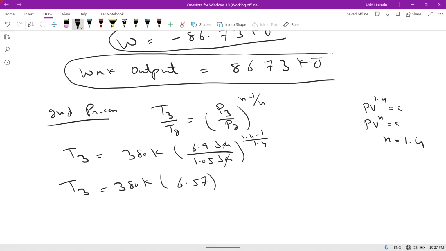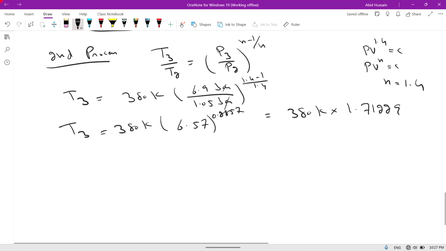6.57 and power 1.4 minus 1 divided by 1.4 is equal to 0.2857, which is equal to 380 Kelvin multiplied by 6.57 power 0.2857 is equal to 1.71229.